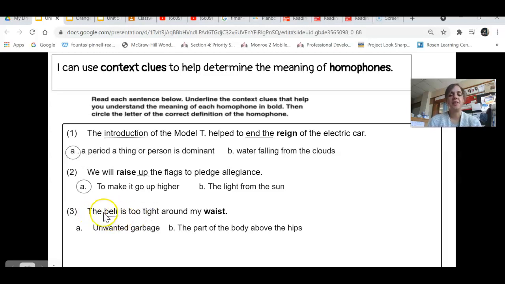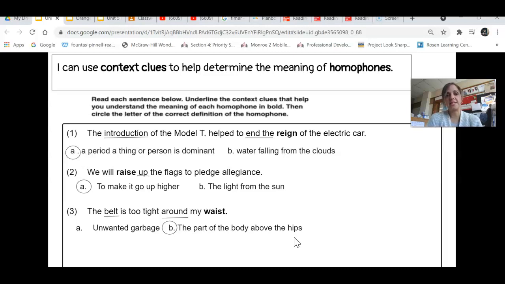Belt. Well, now I know it's not the waste of time. Which choice is the best match? A, unwanted garbage, or B, the part of the body above the hips? Go ahead and check your thinking.